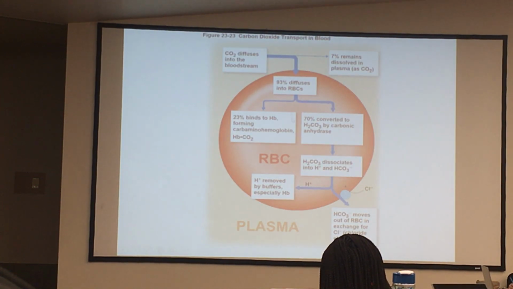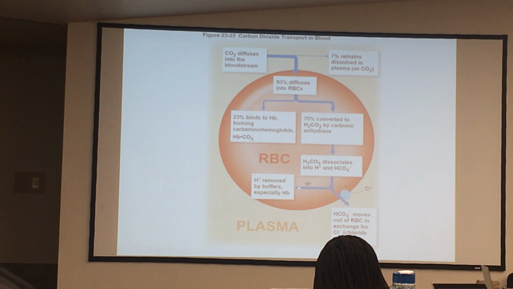Okay. Inside is one red blood cell, and outside is plasma. CO2: 7% dissolved in the plasma, the rest goes into the red blood cell, and 70% would convert to carbonic acid, then bicarbonate ion, and the bicarbonate ion will come out, and chloride moves in.